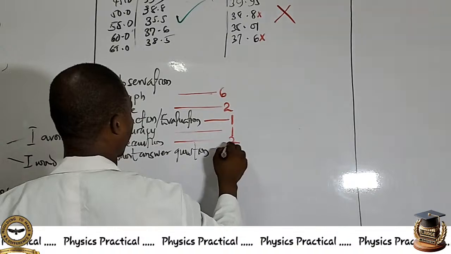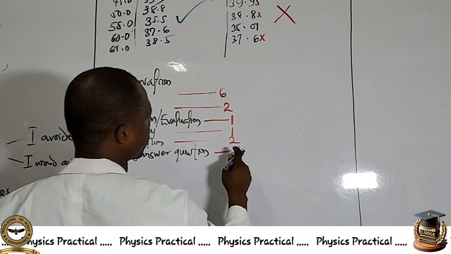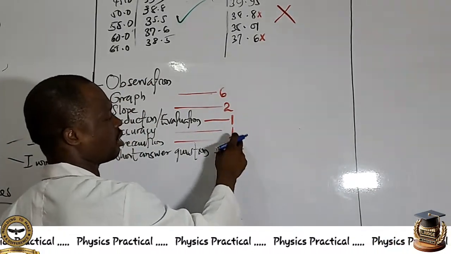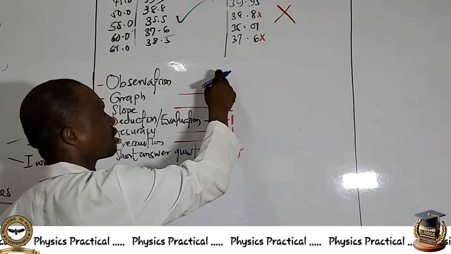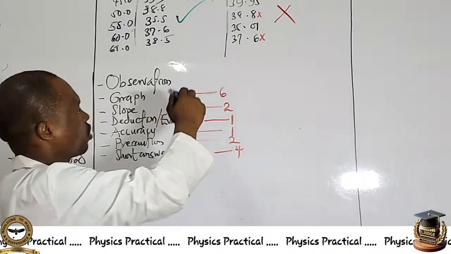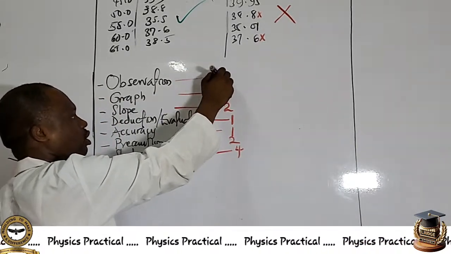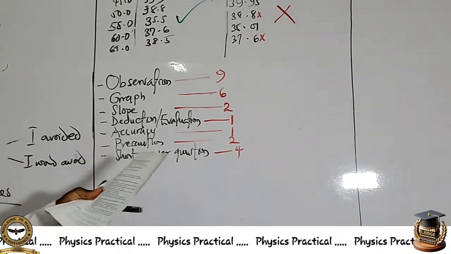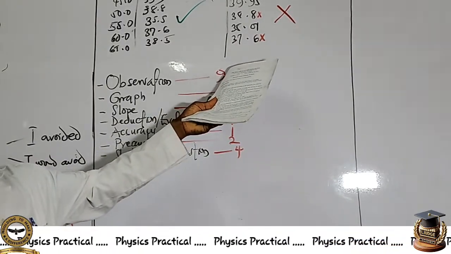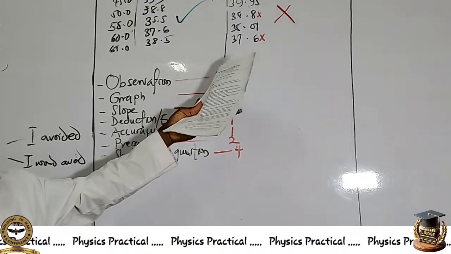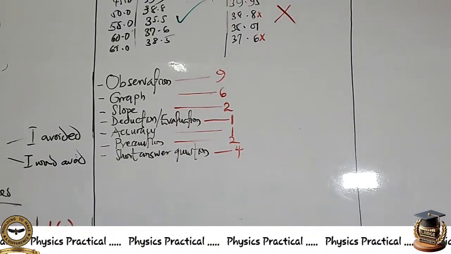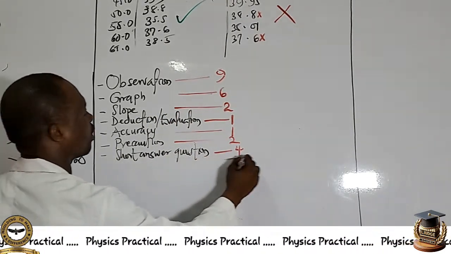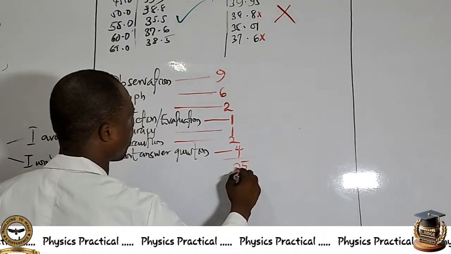This carries 2 marks. This carries 4 marks. If I add this, it is 6, 7, 8, 9, 10, 16 out of 16, so the remaining one should be carrying 9 marks. If there's no accuracy or deduction, you may have this getting you like 11 or 10 marks. If you add up this, you get 25 marks.